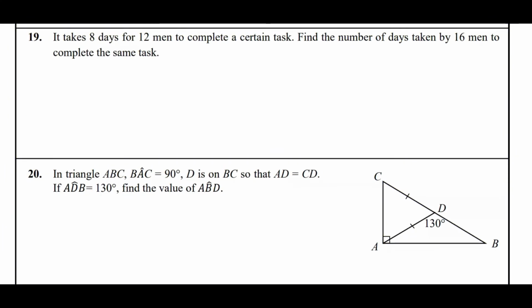Question number 19. Inverse proportions. It takes 8 days for 12 men to complete a task. Find the number of days taken by 16 men to complete the same task. We will calculate the full task. Full task means 8 days for 12 men. That means 8 into 12 man days.